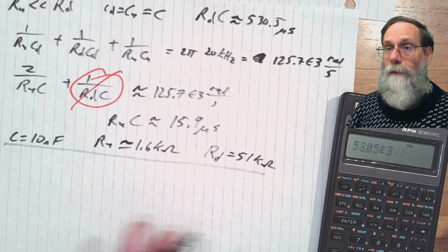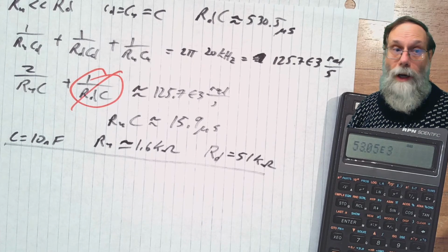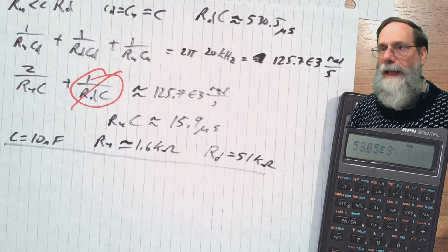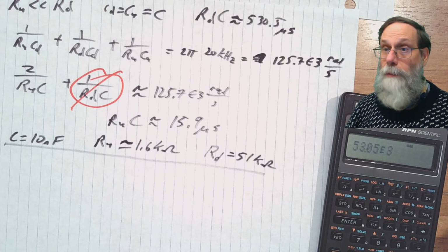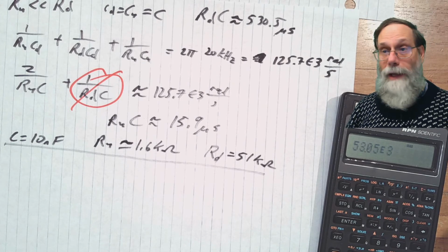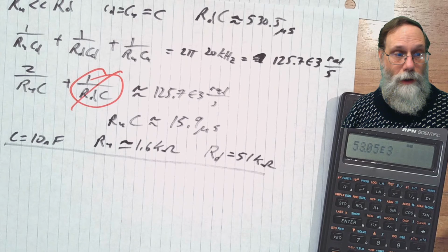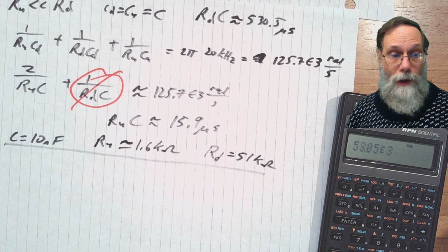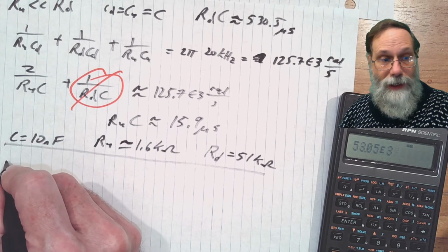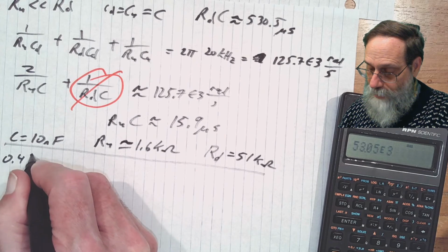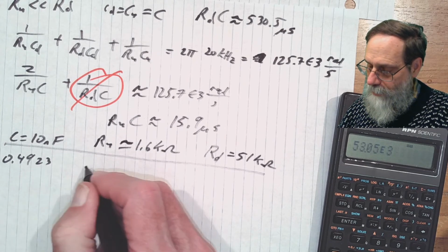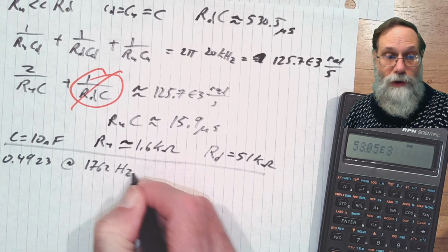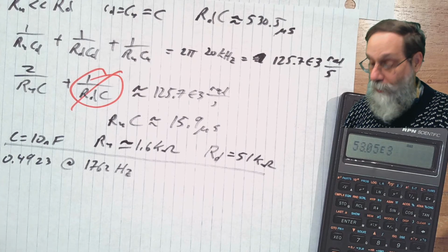And I often like to do that by actually doing a GNU plot of the gain as a function of frequency, and having GNU plot calculate the corner frequencies and the peak gain for me. I won't bother working through that on this example, but if you do check it, you'll get the peak gain as being about 0.4923, I think, at 1762 hertz, which is close to that half.